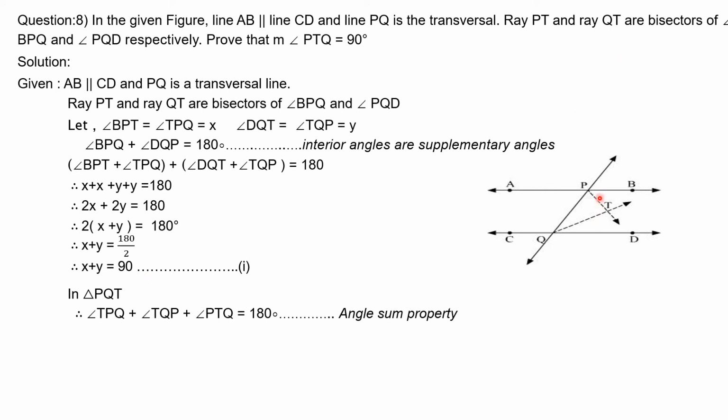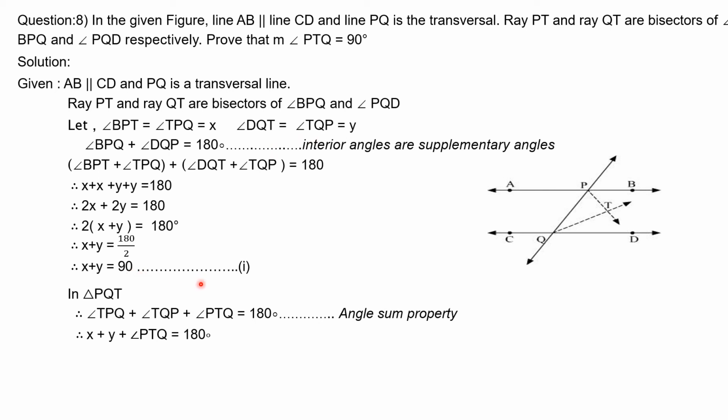Then we see here in angle PQT, the measure of these two angles is 90 degrees. Then we find out the measure of angle T, meaning the measure of angle PTQ. In triangle PQT, angle TPQ plus angle TQP plus angle PTQ is equal to 180 degrees. We are using here the angle sum property of a triangle. The measure of TPQ we already wrote as x. The measure of angle TQP is y.